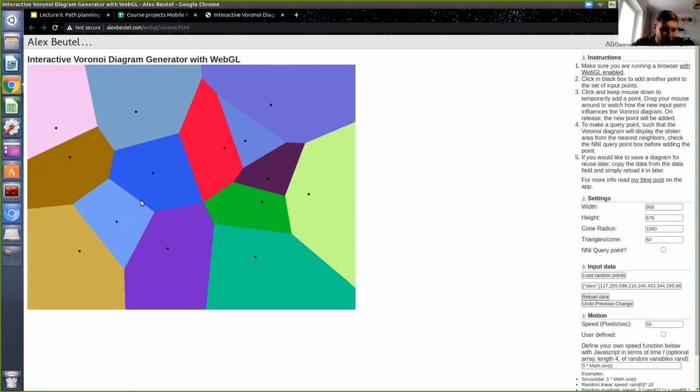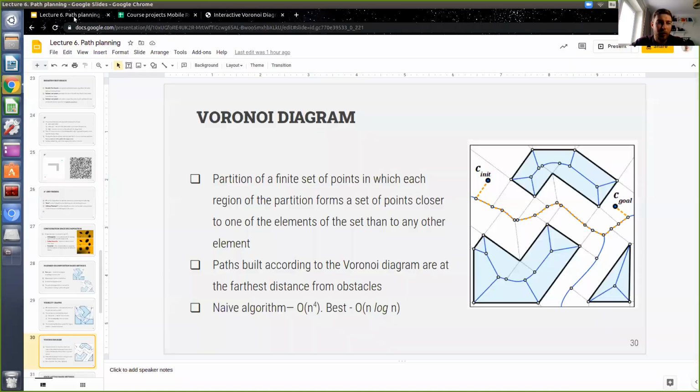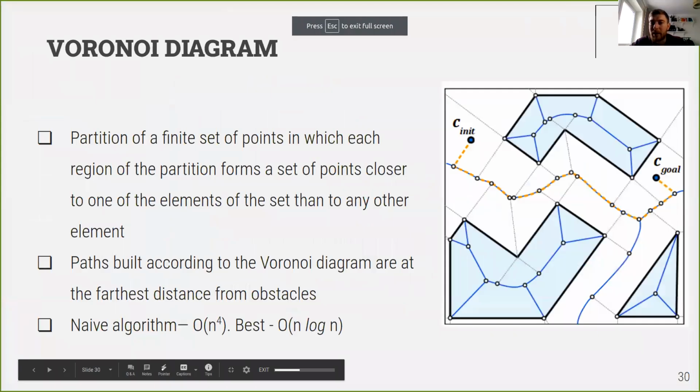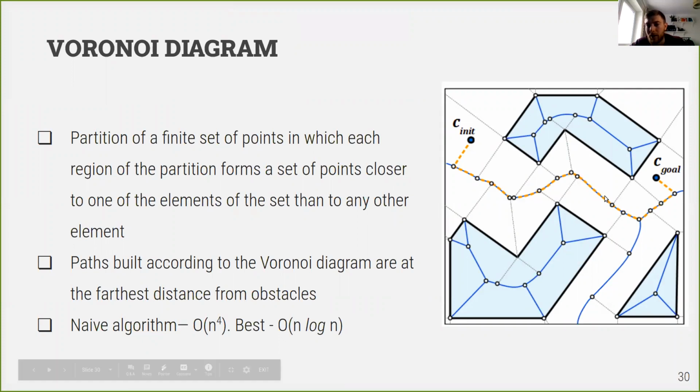The points on the line splitting these two regions are the most distant from both of these points. And if these points are obstacles, we know that this line is the most distant path from both obstacles. So this algorithm allows us to build the safest path, because this line is at the maximum distance from all possible obstacles.